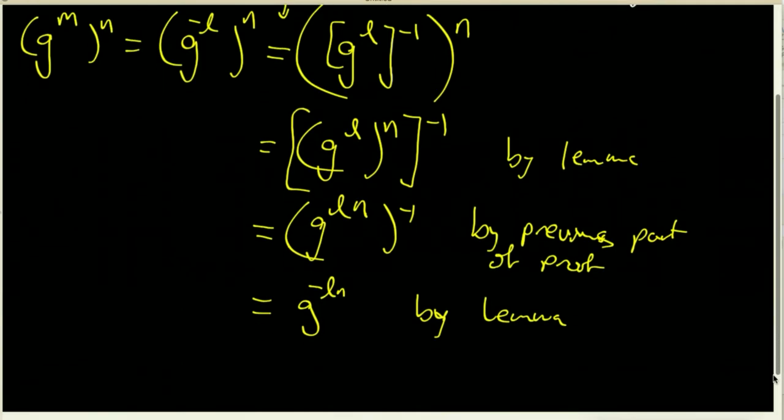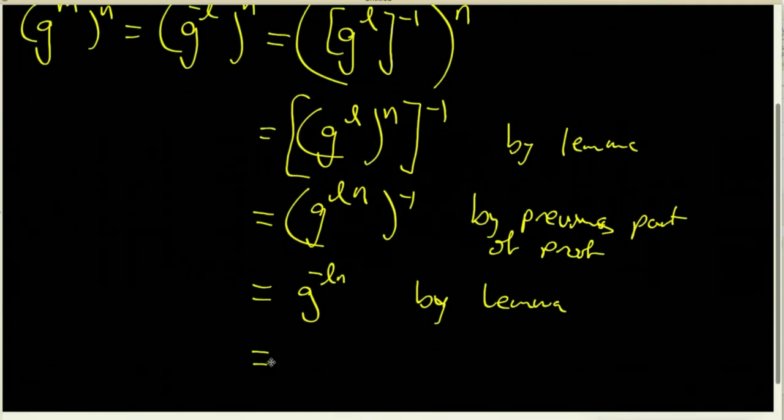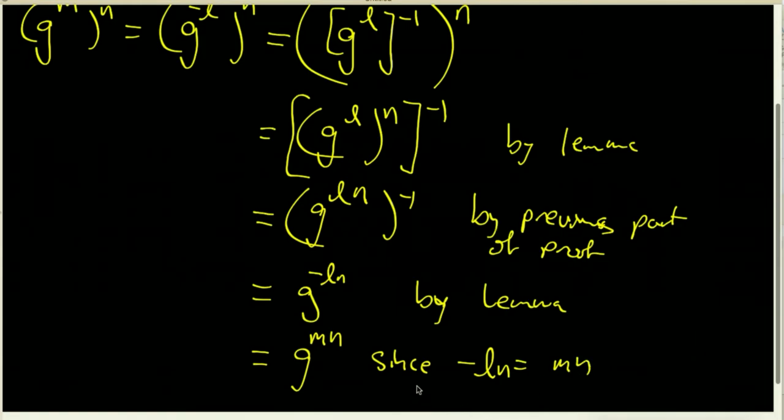And -Ln is the same thing as mn, since -L is equal to m because we set at the start m being equal to -L. And consequently, case 3 is done.